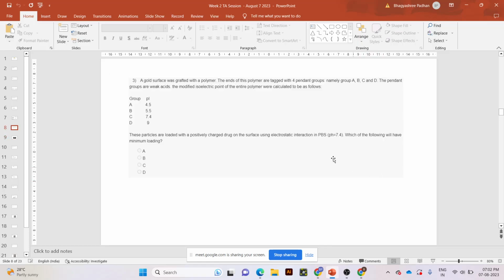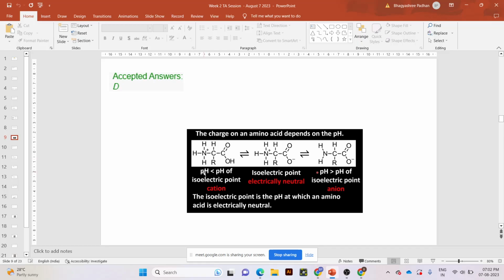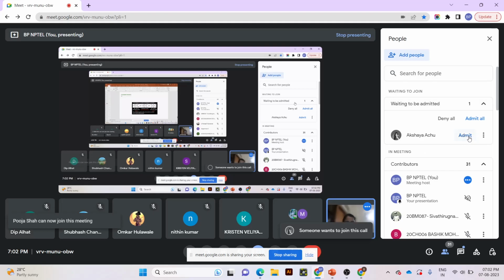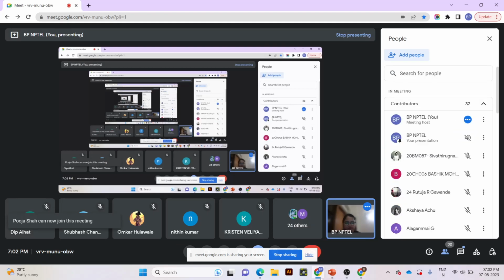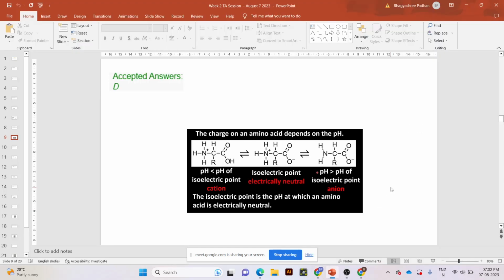So in this question the isoelectric points are given and the pH is 7.4. D has an isoelectric point of 9, which is greater than the pH 7.4, so it will have a positive charge.